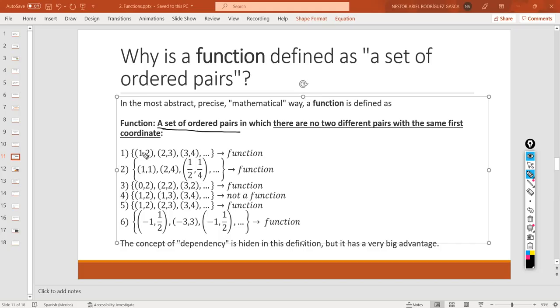I have this pair, this other pair, this other pair, and many more. 1, 2, 2, 3, 3, 4, etc. Why do I claim that this is a function? Well, because if you pay attention to the pairs of numbers, you can see that you don't have any pair that repeats the same first coordinate.